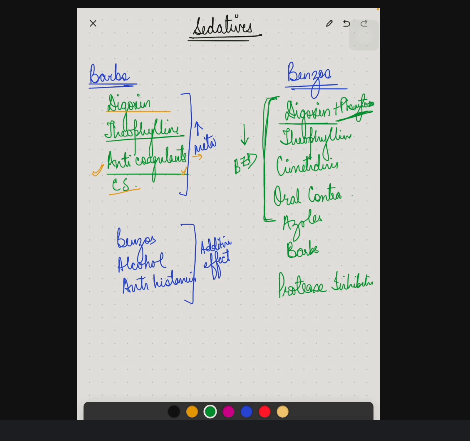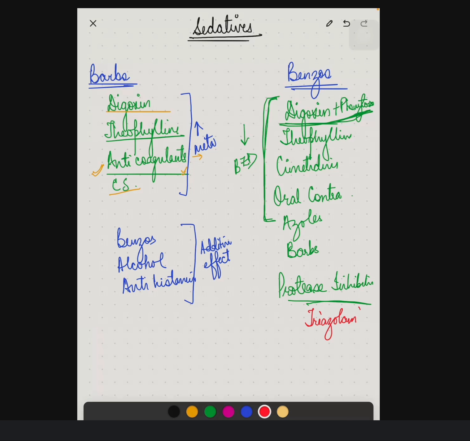Benzos increase the chances of sedation, and digoxin and phenytoin concentration can also stay higher in the blood. When we talk about protease inhibitors, their bioavailability is higher when given with benzos, and it is seen mainly with triazolam.